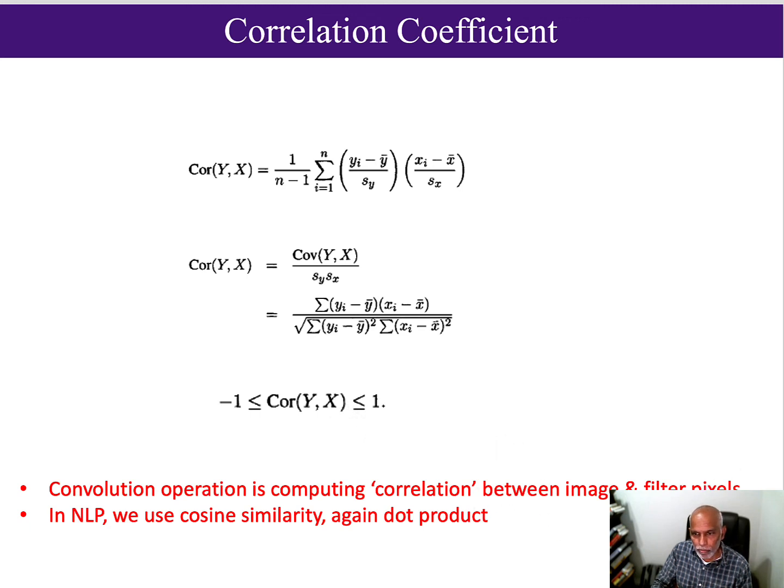Convolution operation is computing correlation between image and filter pixels. In NLP, we use cosine similarity, which is similar to the correlation coefficient. I will talk about that when we get to NLP. So if you design the filters to capture the right relationship, it depends on the filter.